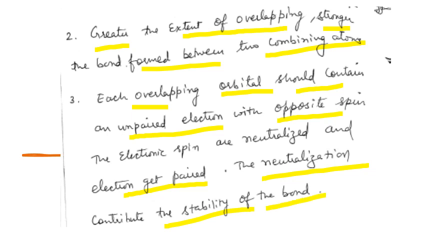So if one orbital has an unpaired electron with clockwise spin, the other orbital has anti-clockwise spin, and when the bond formation takes place, it gets neutralized. This is mainly responsible for the stability of the bond.